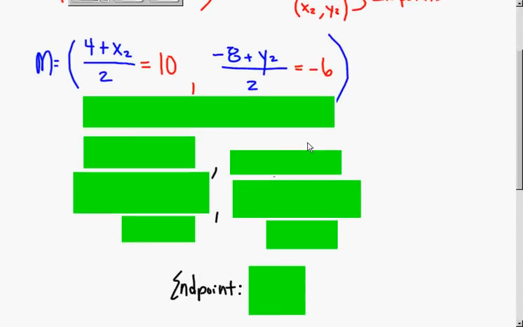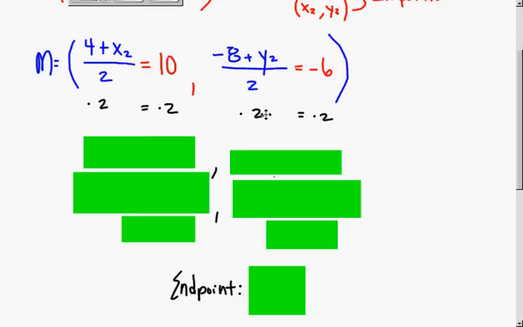It's solving equations. You just break it down, and you can work one equation at a time. So you need to get x2 alone. In order to do that, you'd multiply both sides by 2. Coincidentally, over here, to get y2 alone, you'd also multiply both sides by 2.